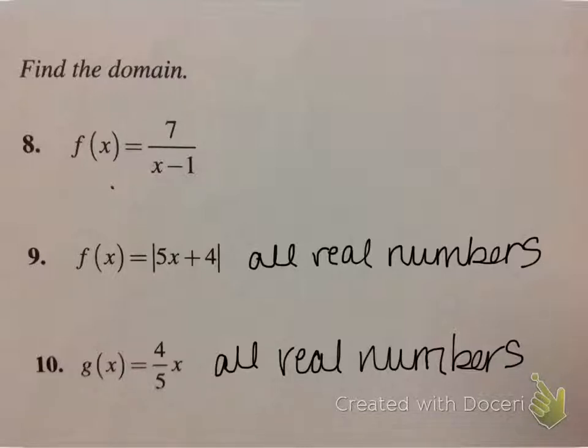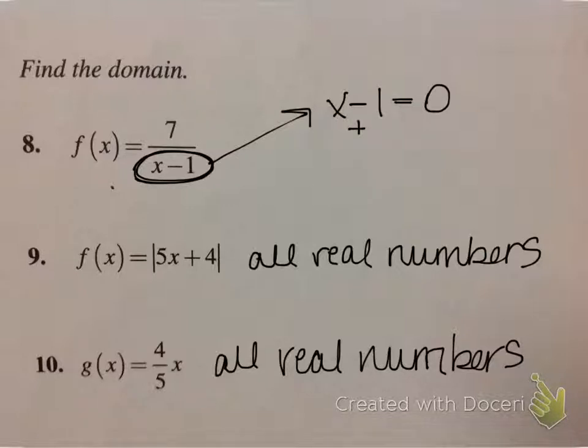So a number over 0 is undefined. So we can plug in any number we want except any number that will create a 0 in the denominator. So what we have to do is look at our denominator if we're given a fraction and ask ourselves, what value creates 0?